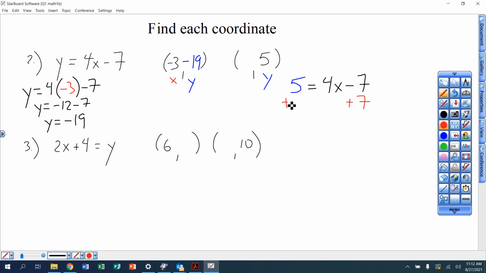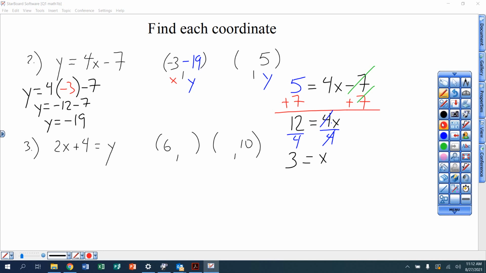I'm adding 7 because that's the inverse operation that will make these 7's disappear. This 5 and 7 add up to give me 12. Bring down the equal, bring down the 4x. And then your last step right there, the opposite of 4 times x, dividing both sides by 4. These will cancel, and that gives you, when y is 5, the x value has to be 3.